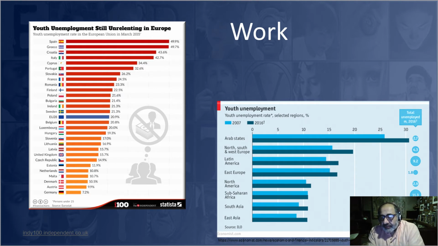Same if we look at it from a global perspective, youth unemployment is highest in the Arab states, followed by North, South, and Western Europe. So we look at these charts and ask, is there scope for us to set up a factory or some part of our supply chain in Greece and provide work?